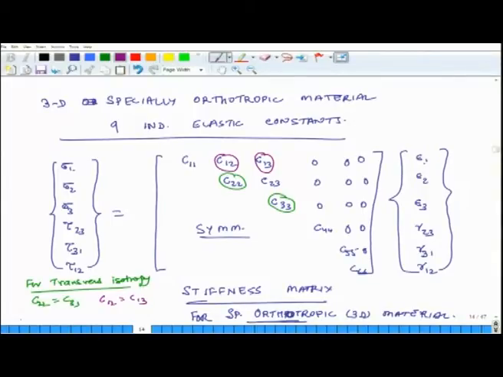Then C55 and C66 are the same, and finally, we can show that C22 minus C33 divided by 2 equals C44.